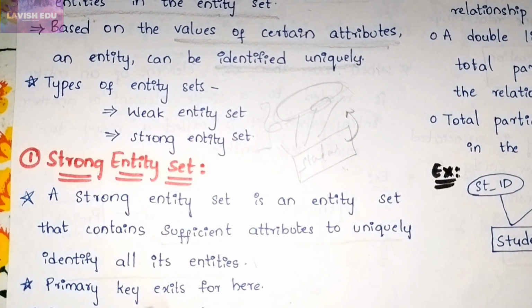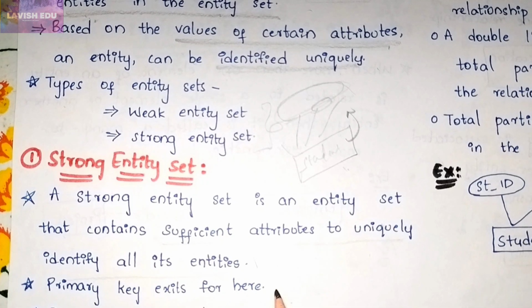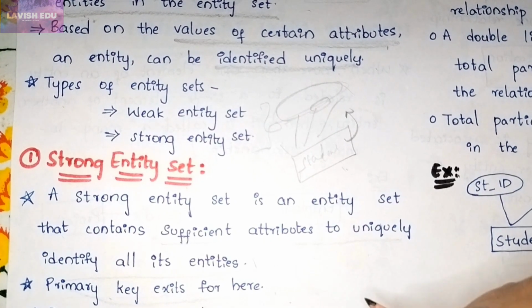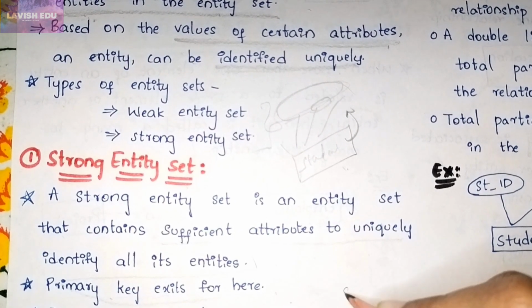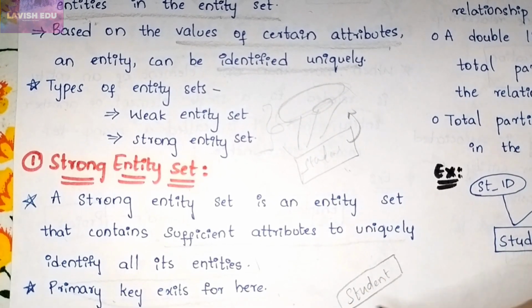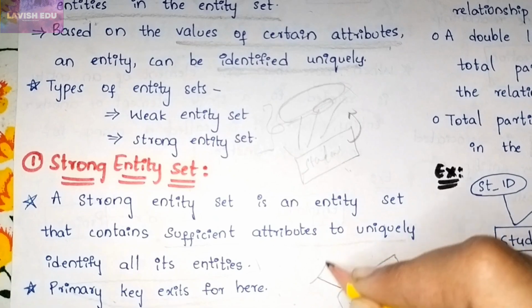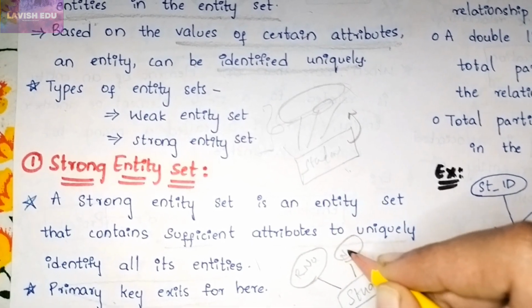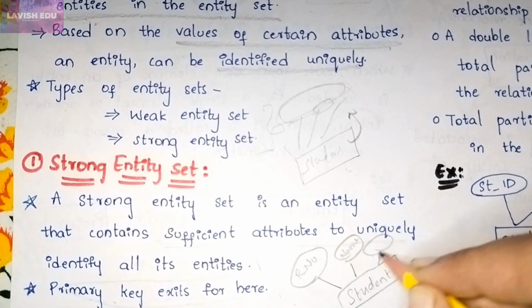Then a primary key exists here. In a strong entity set we can see primary key values, represented by underlining them. Suppose there is a student entity, with roll number, name, and age.